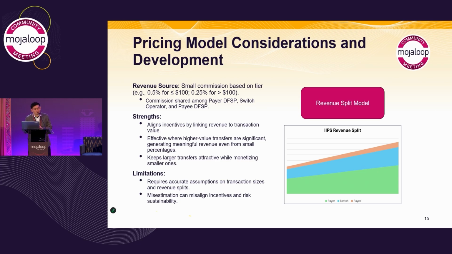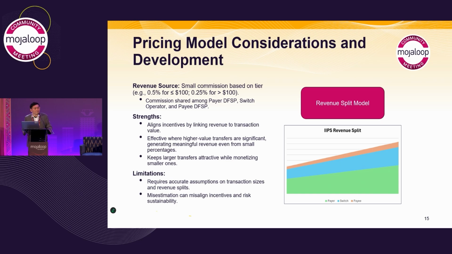For example, the fees might be 0.5% for transactions under 100 US dollars, and a lower 0.25% for those above. Then the revenue is shared among key players: the payer DFSP, the switch operator, and the payee DFSP.